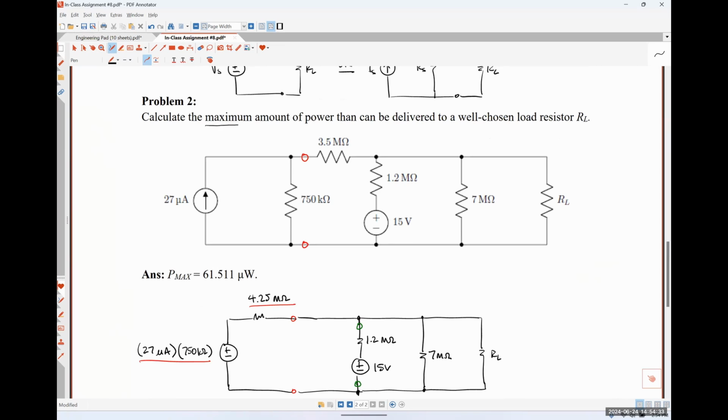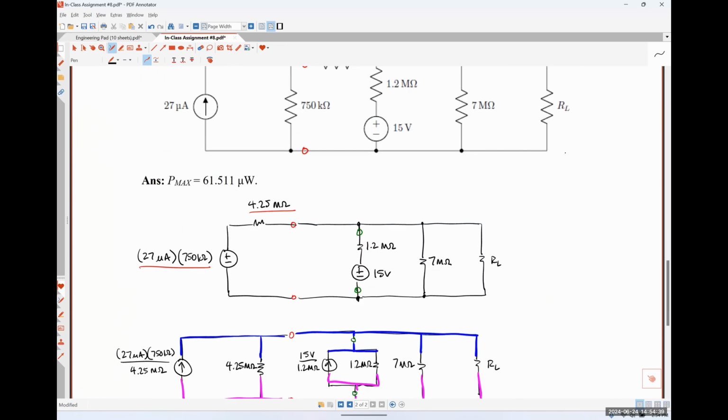So if we go back over to our in-class assignment and we look at what we're asked, we're trying to calculate the maximum amount of power that can be delivered to a well-chosen load resistor RL.